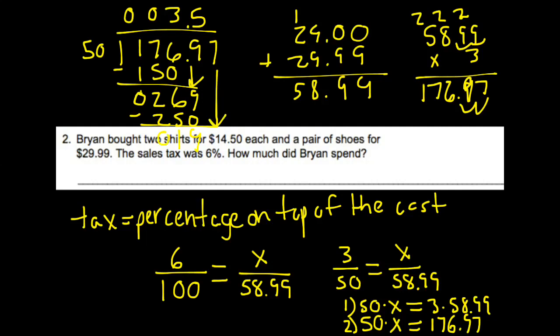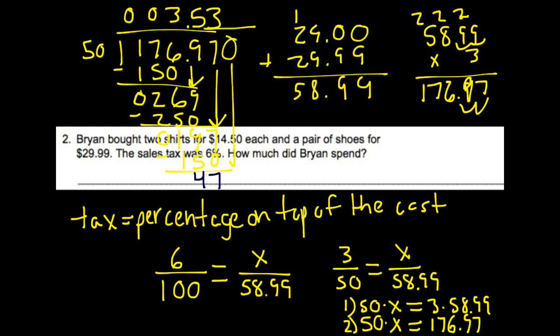Bring down the 7. 50 goes into 197 3 times. 50 times 3 is 150. 197 minus 150 is 47.